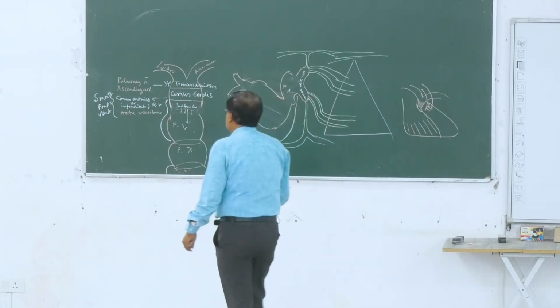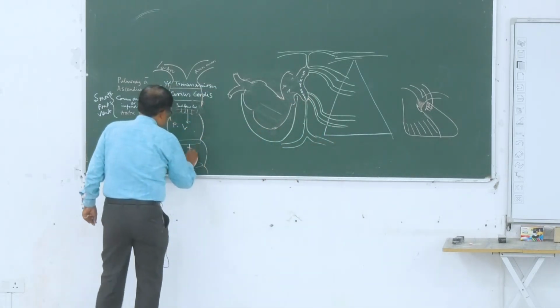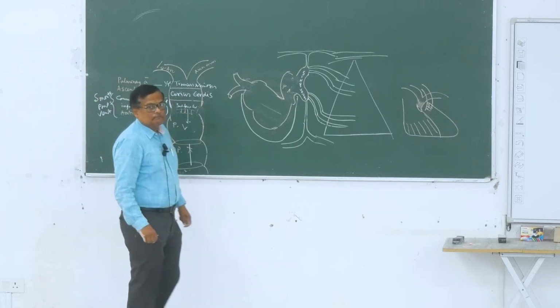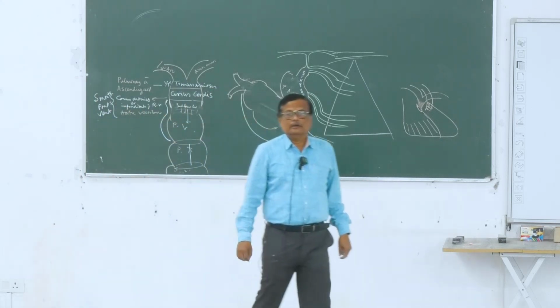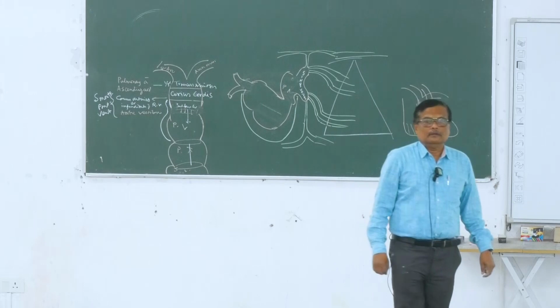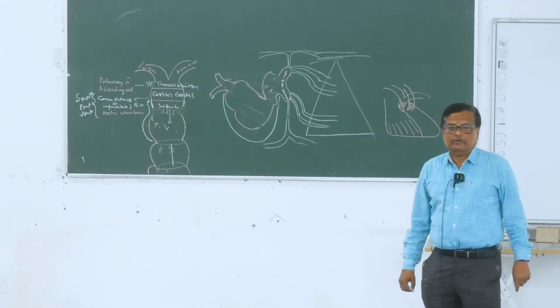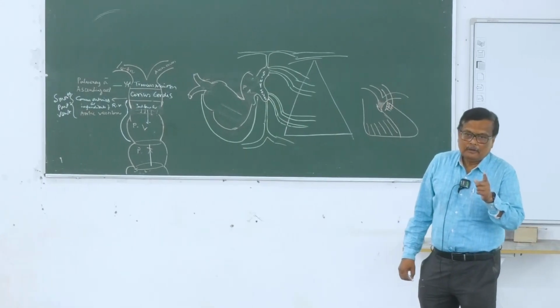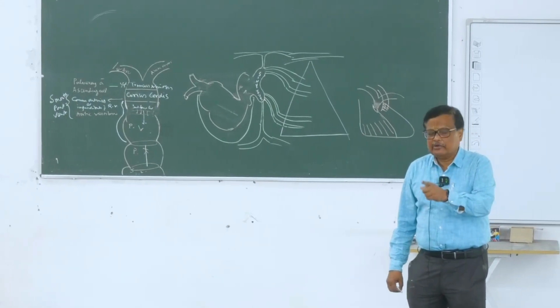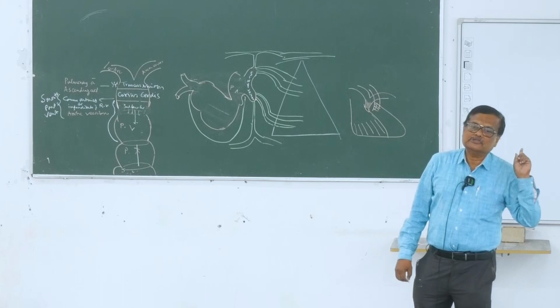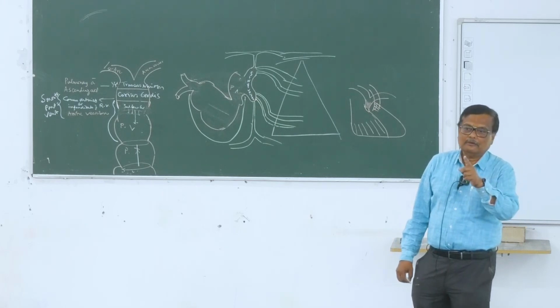সিমিলারলি প্রিমিটিভ অ্যাট্রিয়াম থেকে ডেভেলপ করছে রাইট রাফ পার্ট অফ right and left atria with their auricles, not the smooth part.